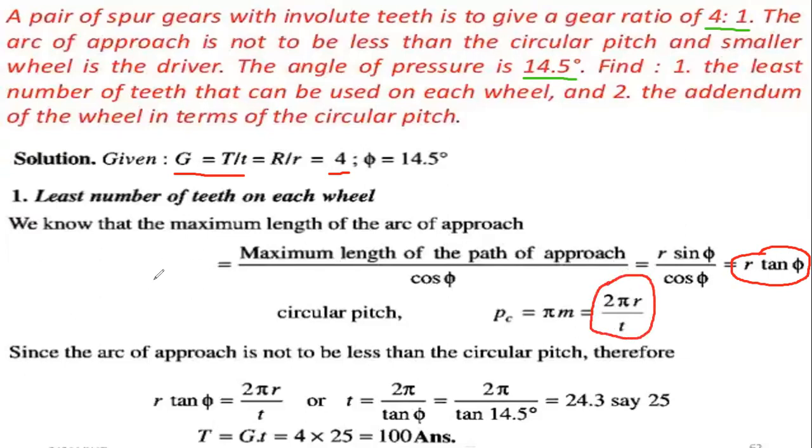Then the arc of approach is to be not less than the circular pitch. So then we are going to equalize these two equations. That is, r tan phi is equal to 2 pi r by t.